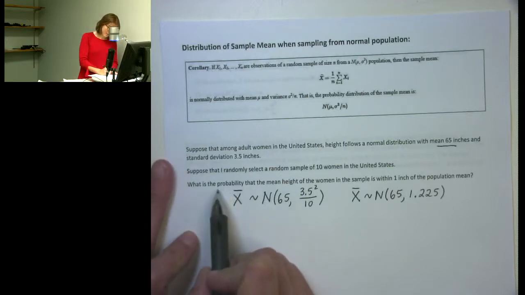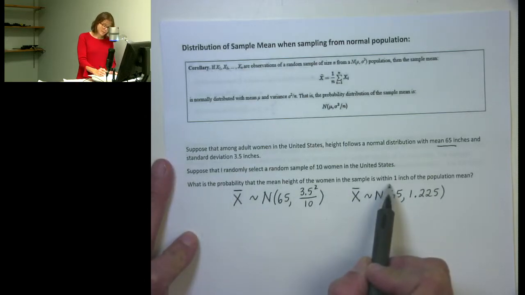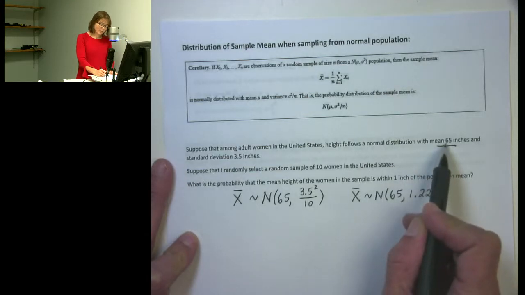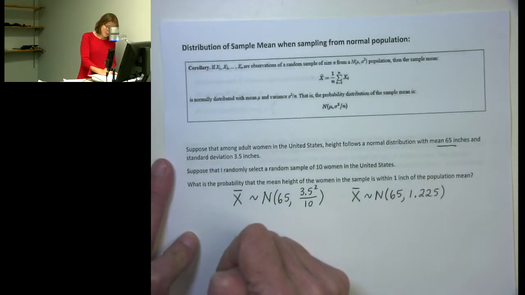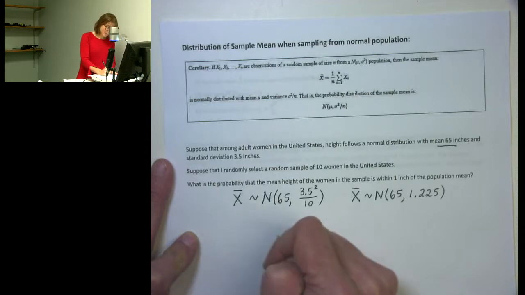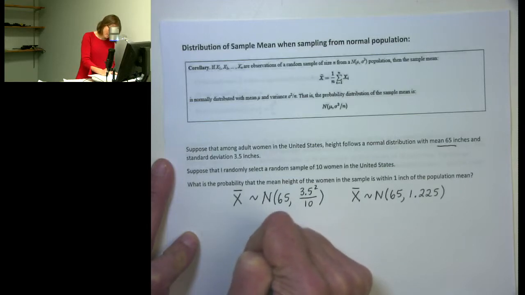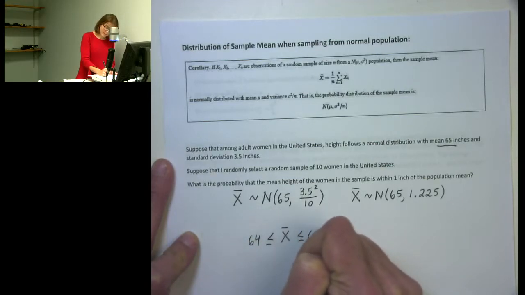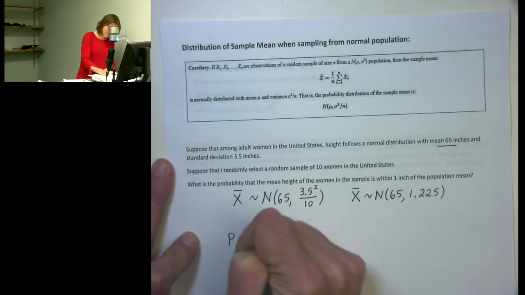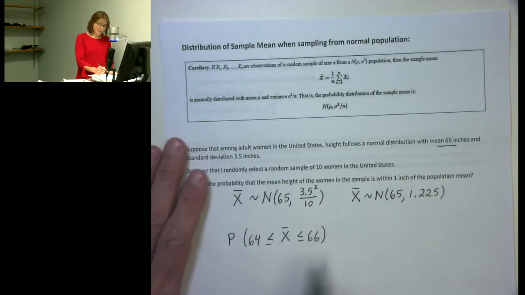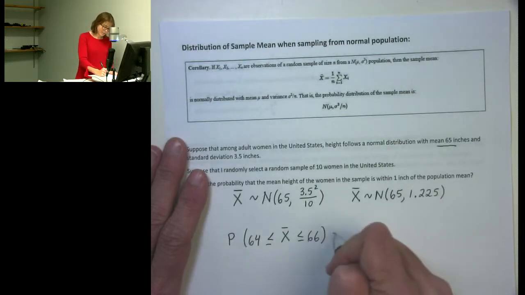Now, I want to know the probability that the mean height in the sample is within 1 inch of the population mean. So being within 1 inch of the population mean would mean that my sample mean is somewhere between 64 and 66. So I'm looking for the probability of that event. Again, I'm going to standardize using this distribution.